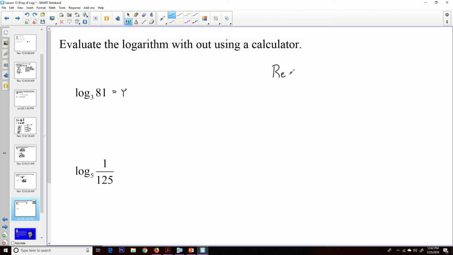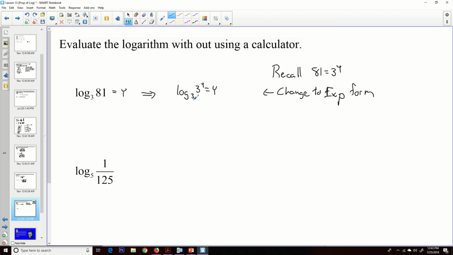So I'm going to say, recall that 81 is 3 to the 4th, okay? And so if it's 3 to the 4th, we can say that this thing right here would be log base 3 of 3 to the 4th equal to y. And so now I'm going to say change to exponential form.